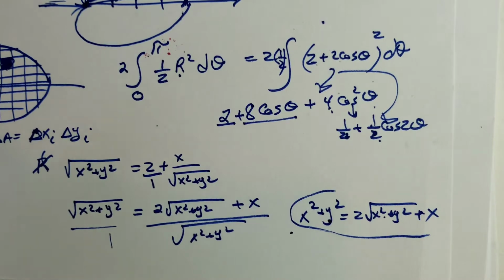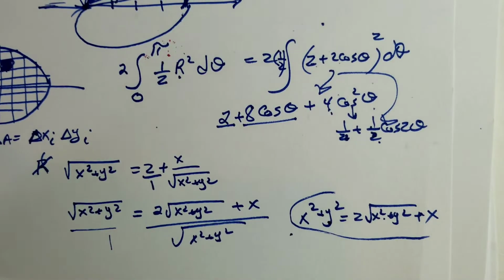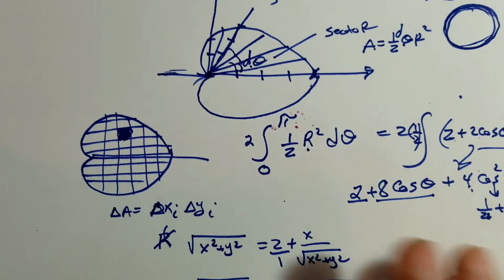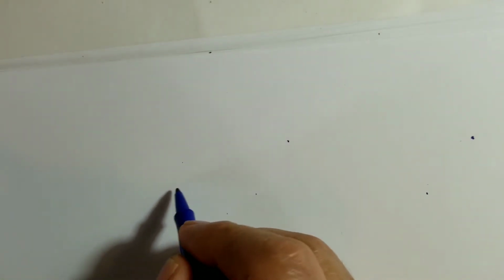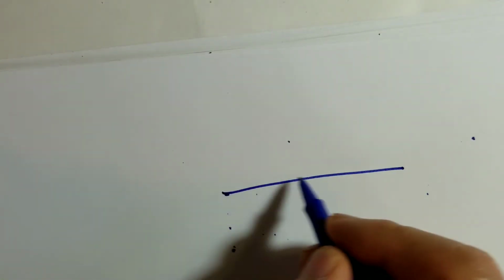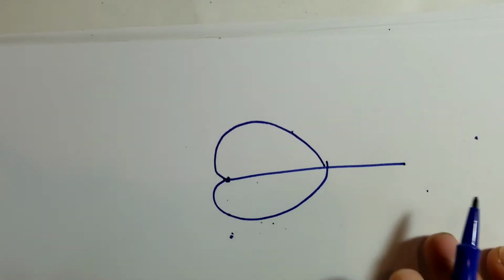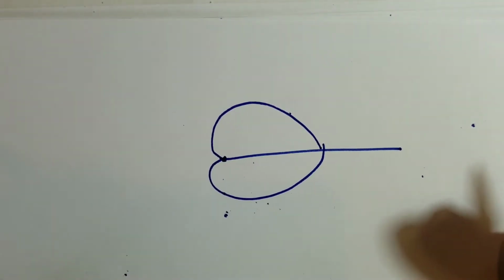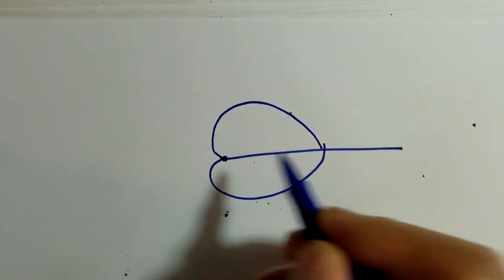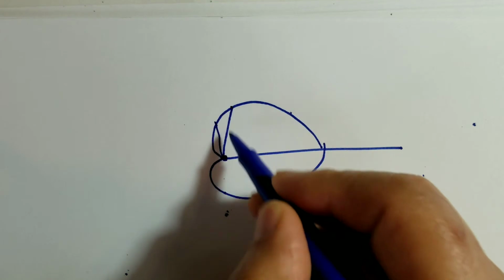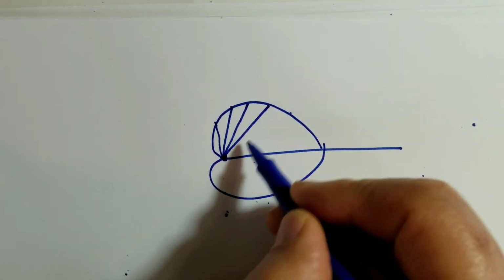So if your region is a circular region, let's not divide it into rectangles. Somebody said, then what can we do with it? Then I'm going to take that region and assume this is a Valentine's pizza, and I'm going to cut my pizza like this.